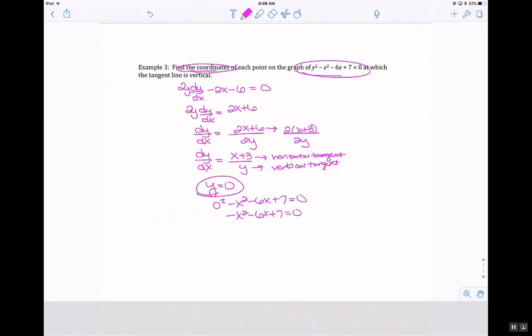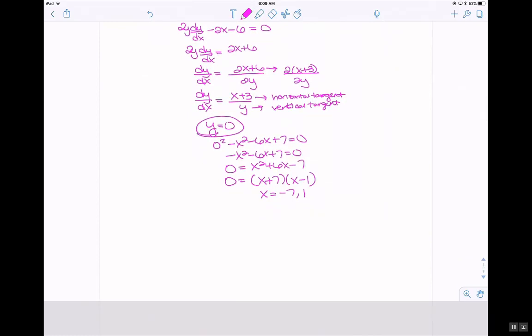Negative x squared minus 6x plus 7 is equal to 0. I could either factor out my negative 1, or I could just move everything to the other side. x squared plus 6x minus 7. So this factors to (x plus 7)(x minus 1). So x is equal to negative 7 and positive 1.